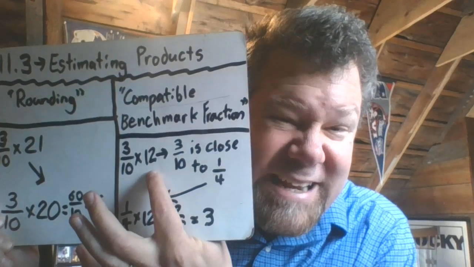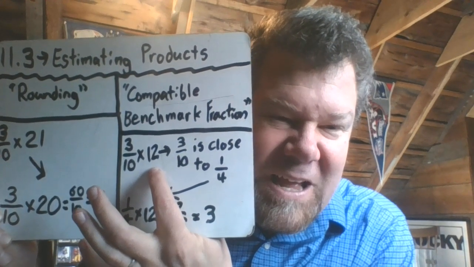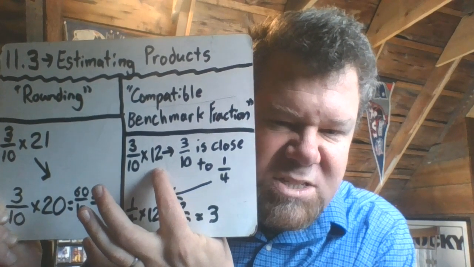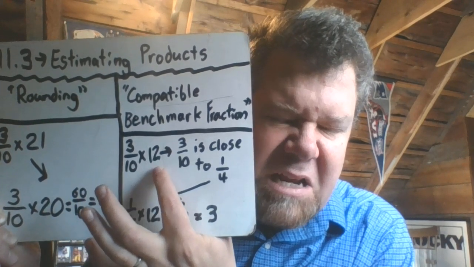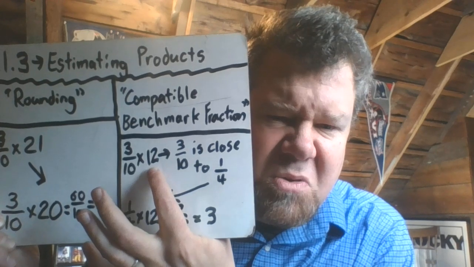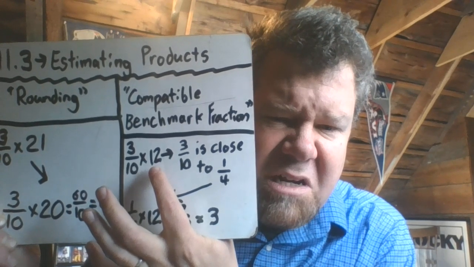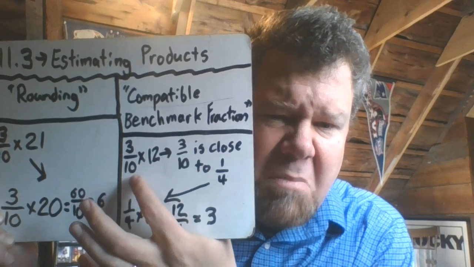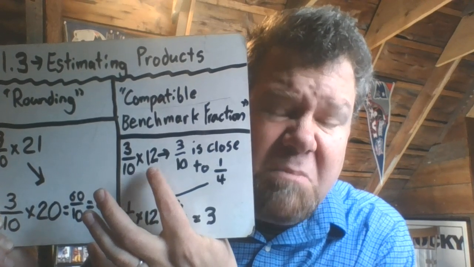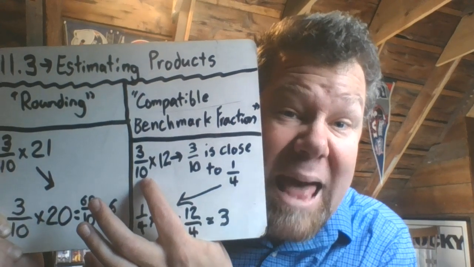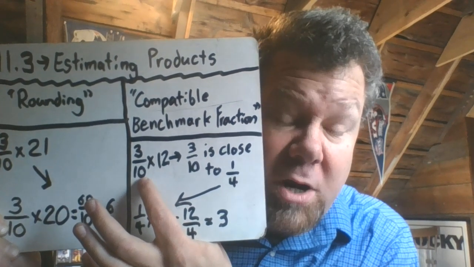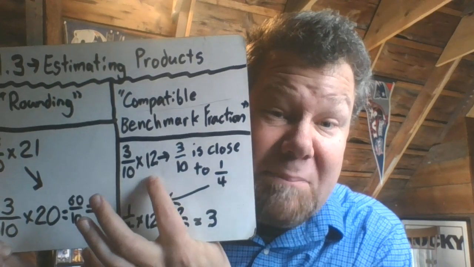We have 20. Is 20 close to 12? No, it's not. So in this instance, where our denominator can't come close to fitting into our other factor, and even other multiples of 10 don't come close to 12, we're going to find a compatible benchmark fraction that's easy to multiply by 12.